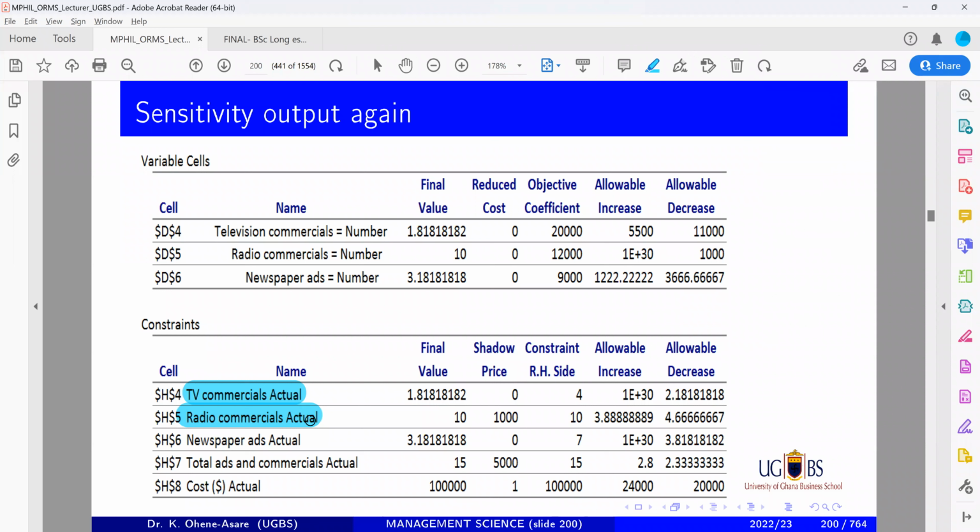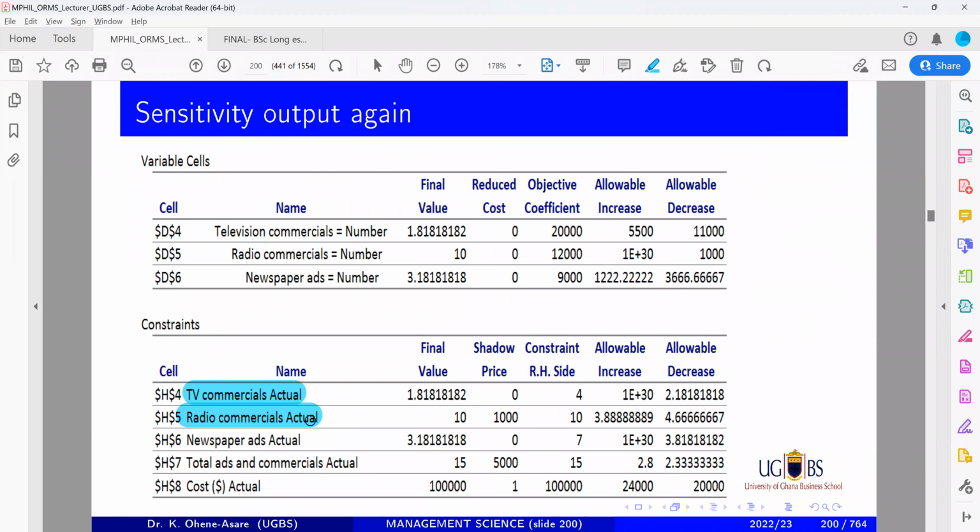Even if they increase the advert for TV by 500 different commercials, it won't reach any audience. It's not enough to reach the audience they want.